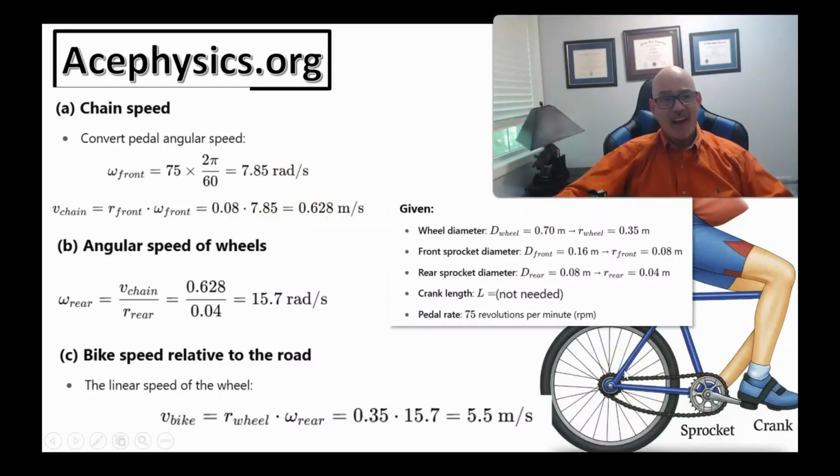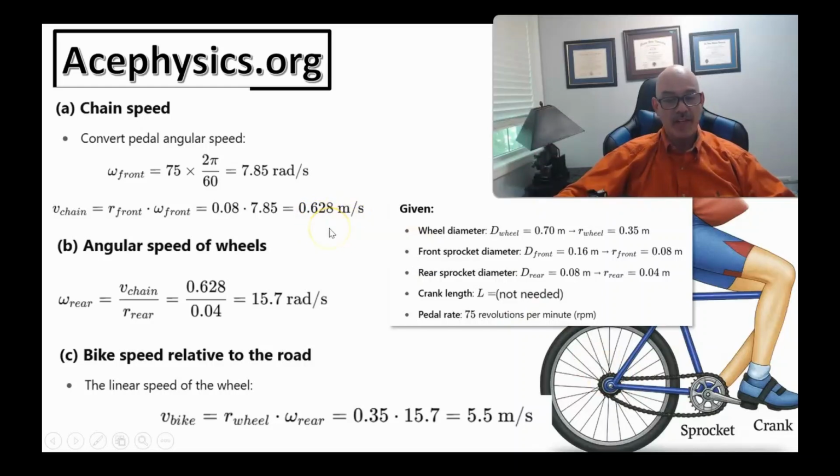Part B asks us to calculate the angular speed of the wheels. The angular speed of the rear wheel is equal to the angular speed of the rear sprocket because they're connected together. I know v equals r times omega, so omega equals v over r. The angular velocity of the rear sprocket is equal to the velocity of a point on the edge of the rear sprocket divided by its radius. I know that the tangential velocity at the edge of the rear sprocket is 6.28 meters per second.